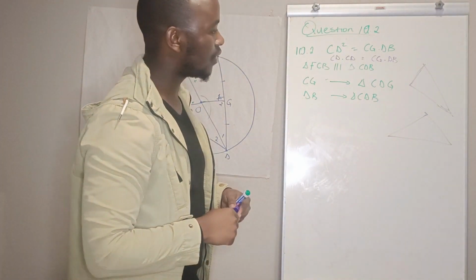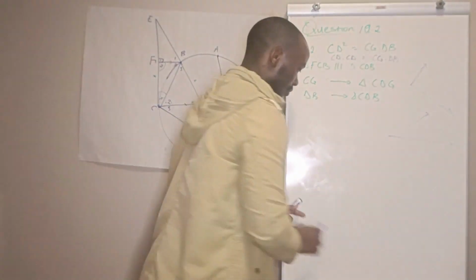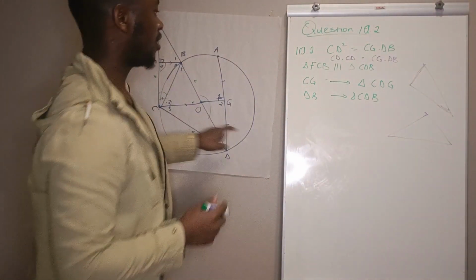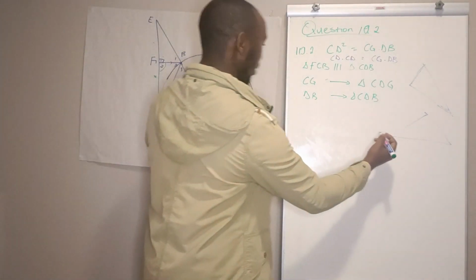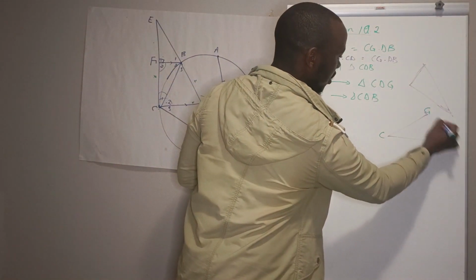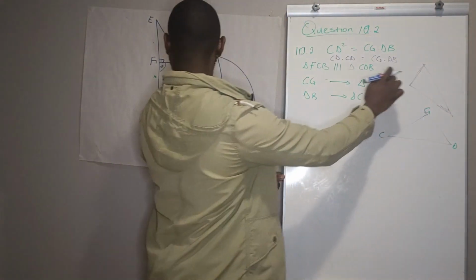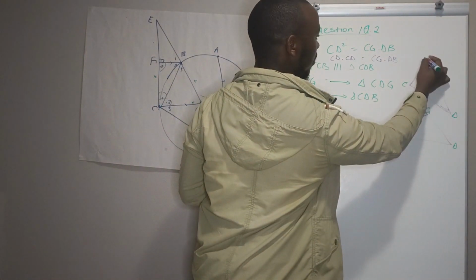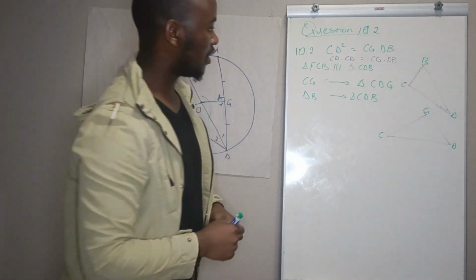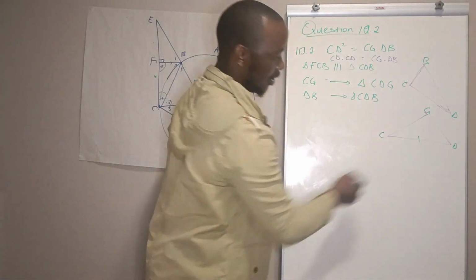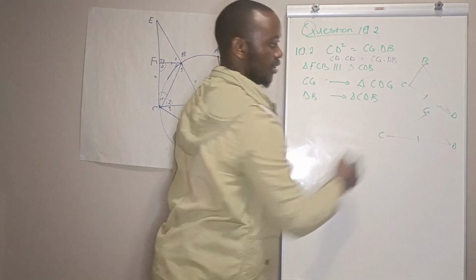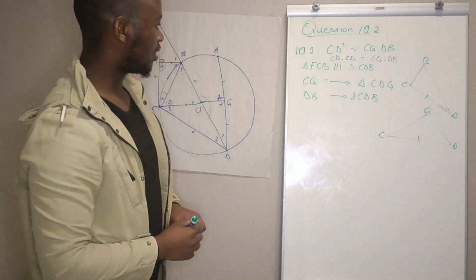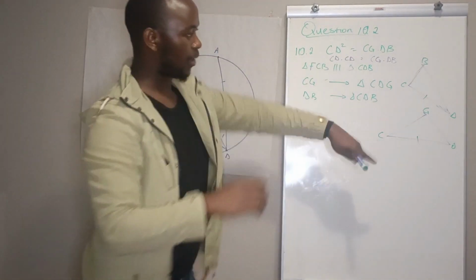I'm going to use a different color. So this triangle is CGD, and this one is our CDB. Do you see that CD is also in this triangle? So CD is one that forms part of both triangles.